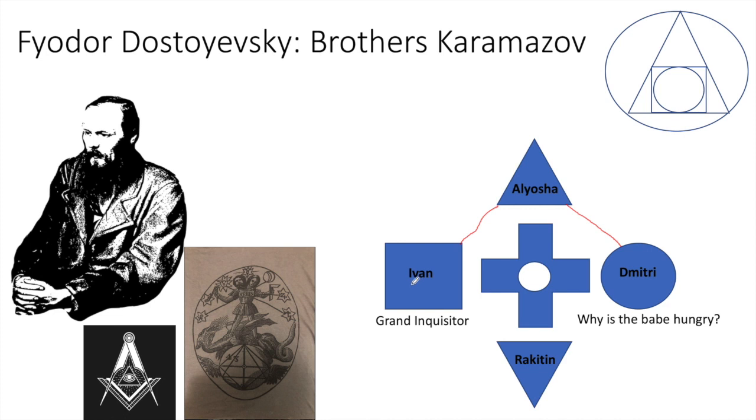Ivan was the second oldest one, and he was sort of the intellectual of the group. Keep in mind, this is happening in the 19th century in Russia, in the pre-Russian Revolution landscape where things are really changing and people are starting to get new ideas from the West, a lot of these Enlightenment ideals that are being passed around.